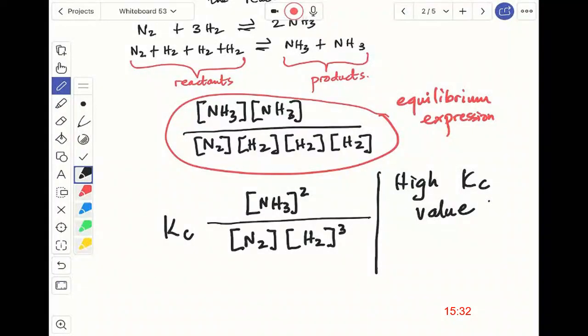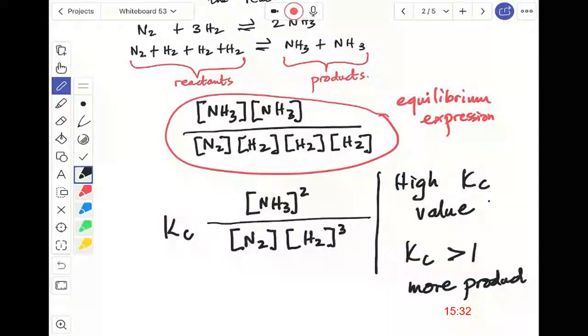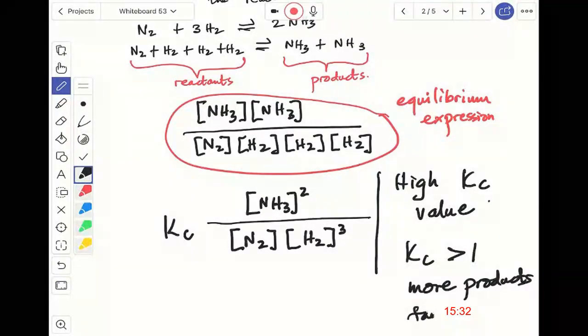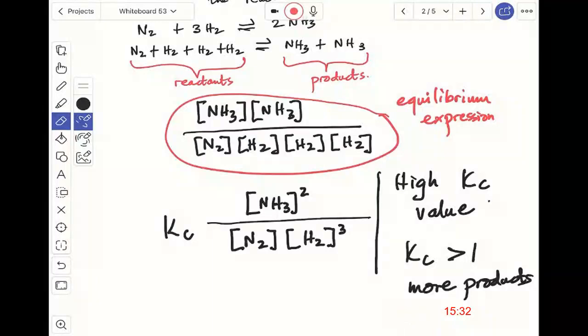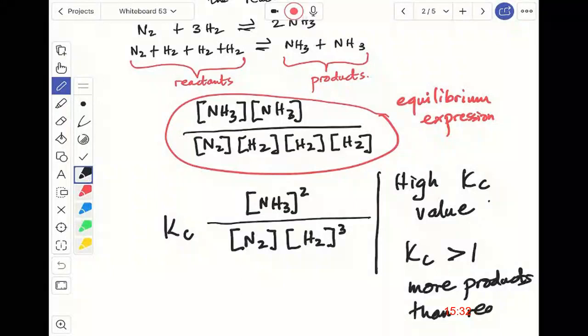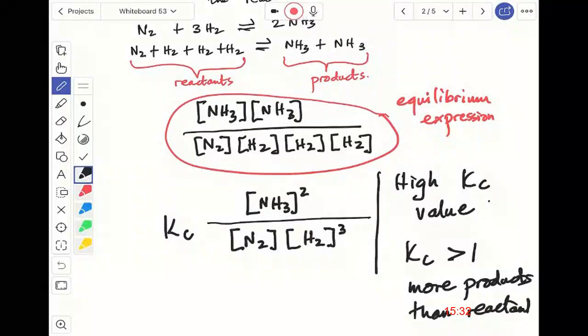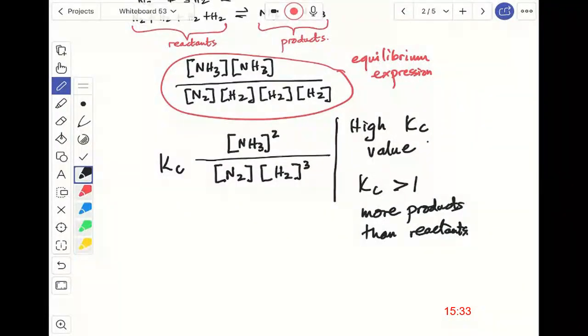And obviously, if Kc is greater than 1, then there's more products than reactants. Right. So that is the Kc expression.